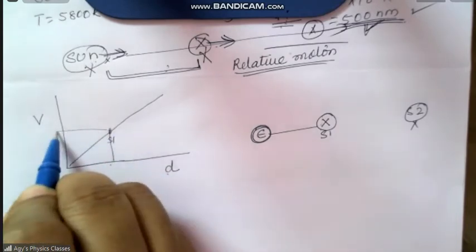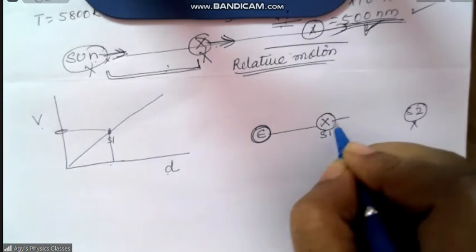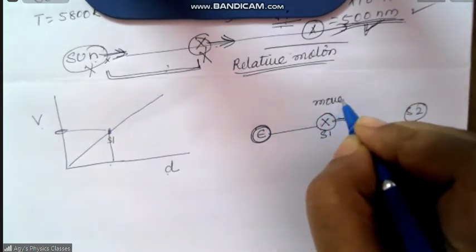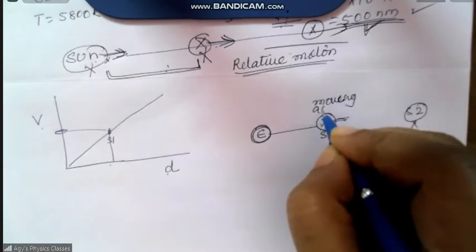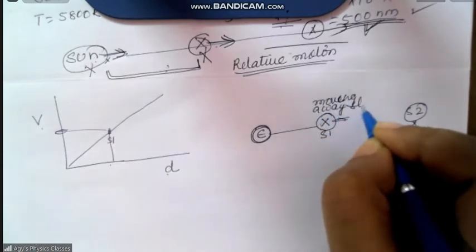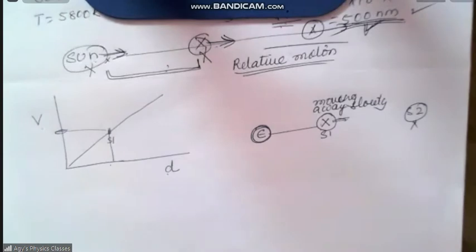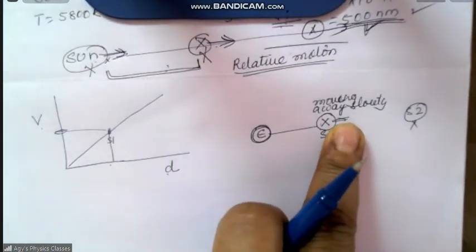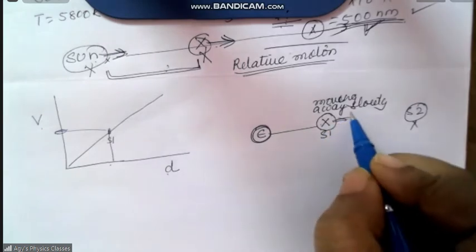Then that means its receding velocity is such that it is moving away, but moving away slowly, but it is moving away. That is why you see a change in the wavelength. But it is moving slowly.